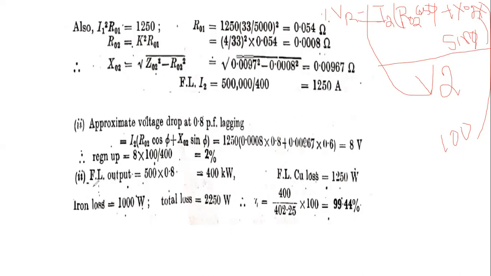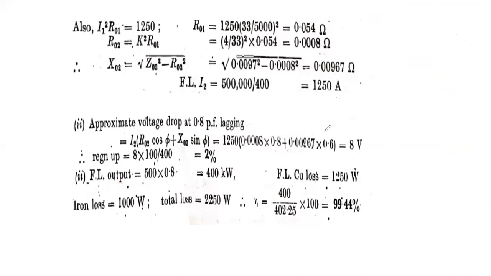Next, we calculate the full load output and efficiency. First of all, what is the formula for efficiency? Efficiency is equal to output by input, or we obtain the percentage efficiency, that is output by input into 100.